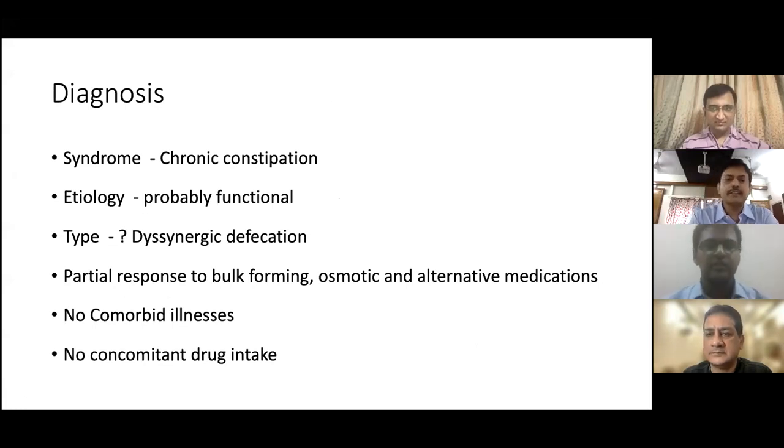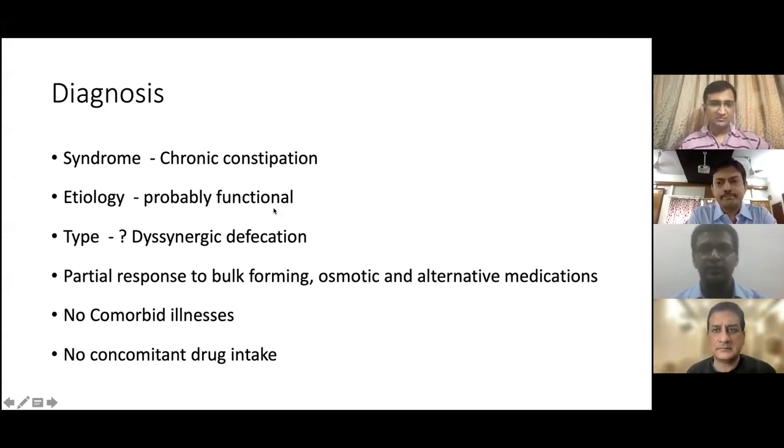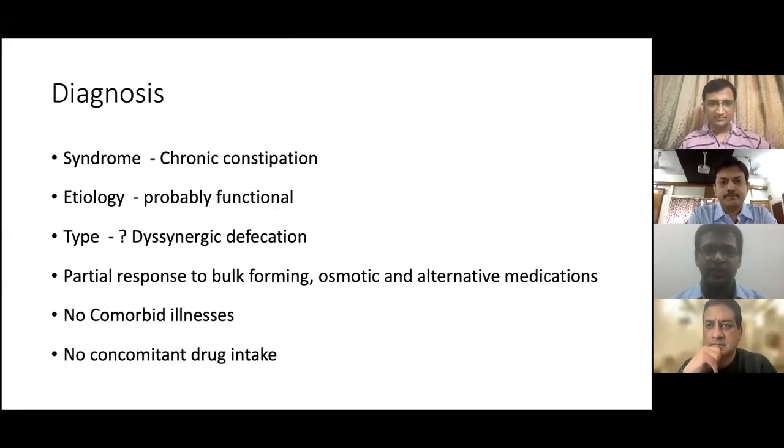Yes. At the end of history, the syndromic diagnosis would be that of chronic constipation. Etiology I would put as probably functional, and the type of constipation: he had features suggestive of incomplete evacuation of stool. He also had straining to pass stools.